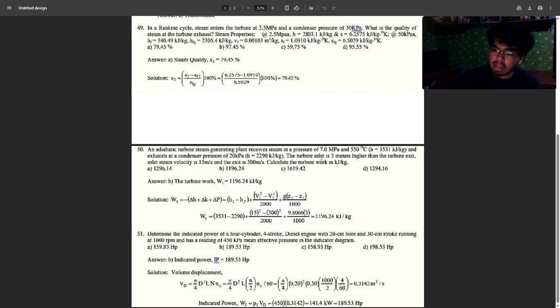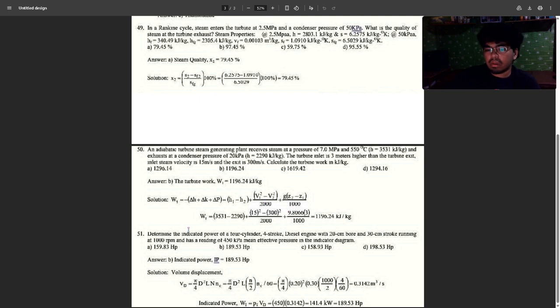The turbine inlet is 3 meters higher than the turbine exit. Inlet steam velocity is 15 meters per second, and the exit is 300 meters per second. Calculate the turbine work in kilojoules per kilogram.